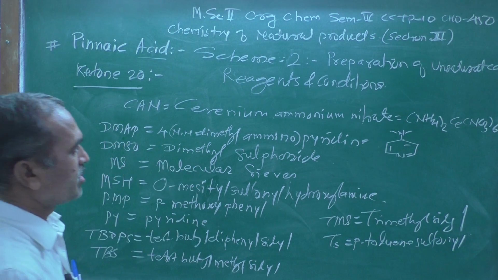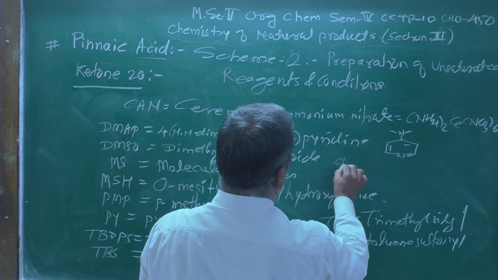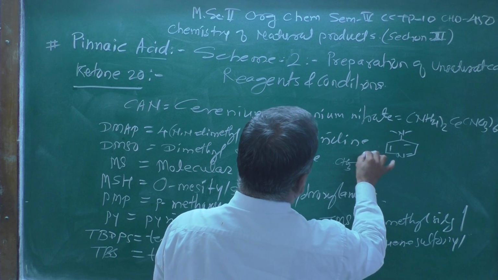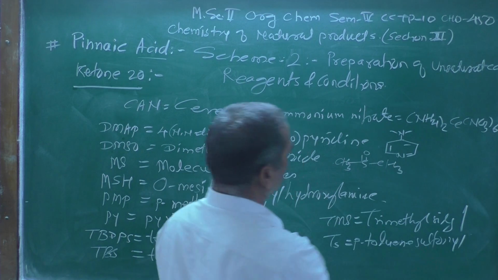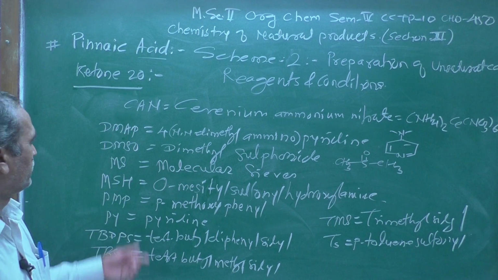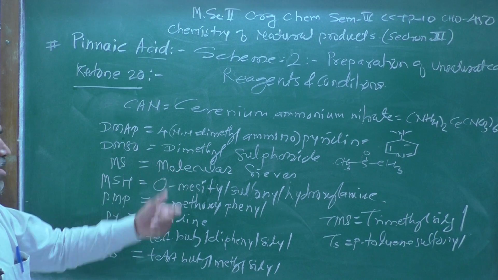DMSO, dimethyl sulfoxide, has the formula (CH3)2S=O. MS, molecular sieves.